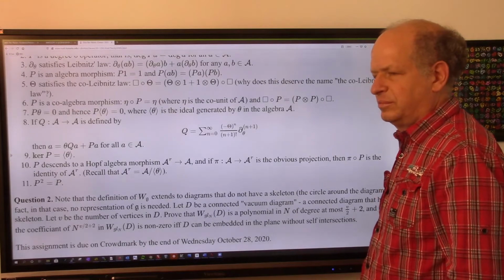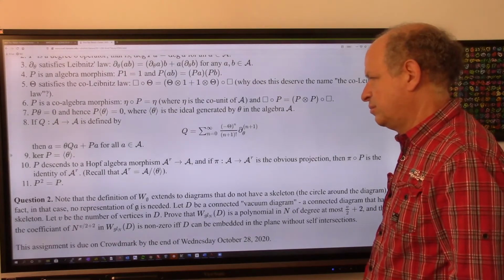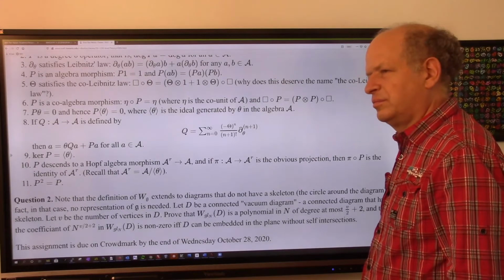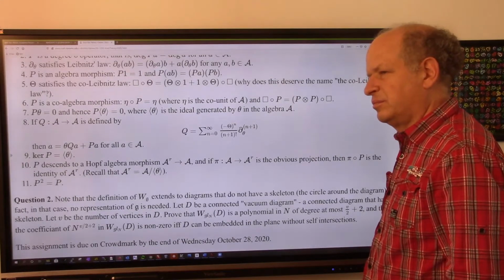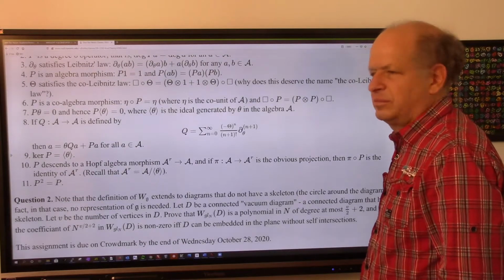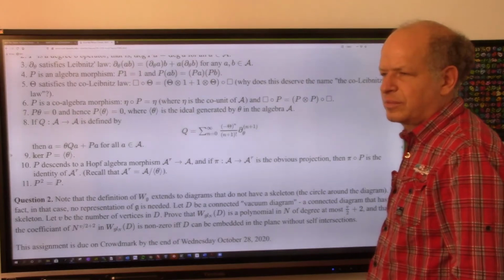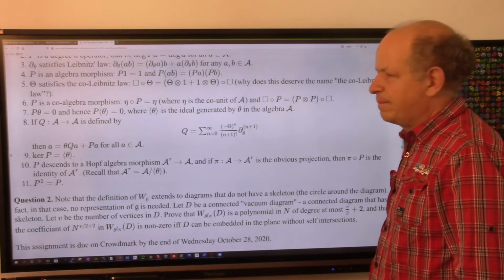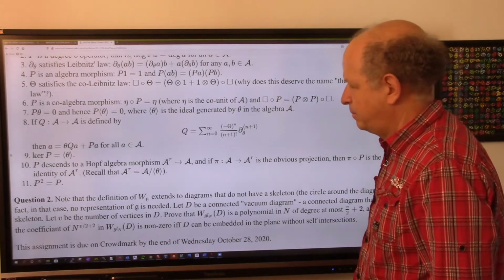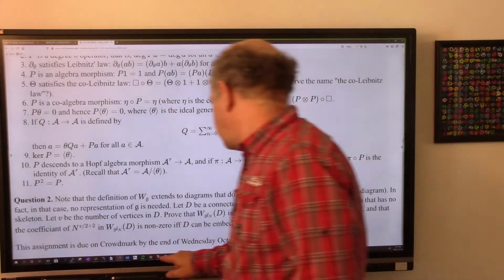I've been able to prove that if the n to the v over 2 plus 2 term is non-zero, then it can be embedded. But I seem to have found counterexamples to the other direction. For instance, the so-called dumbbell diagram, where you have two circles and a line between them.